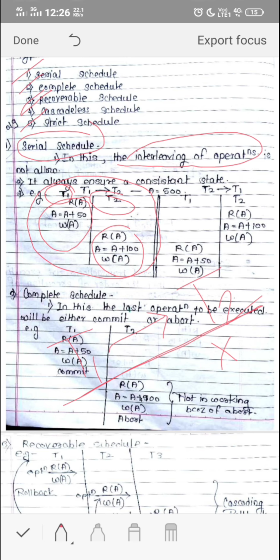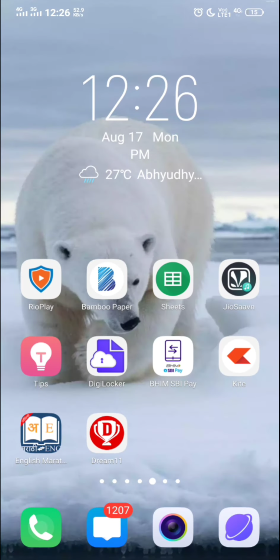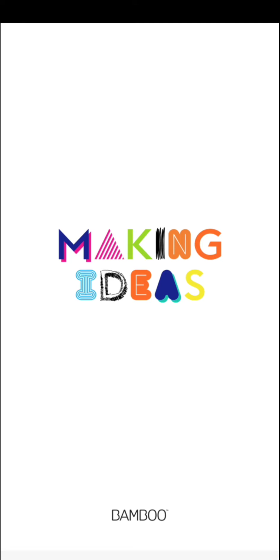So that is what a serial schedule means. If I want to tell you in another way, suppose I have two schedules, T1 and T2. Suppose this particular transaction has these many instructions, and that one has these many instructions, right?